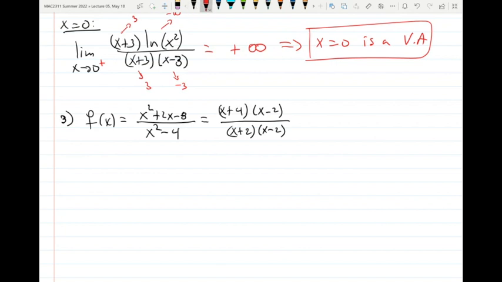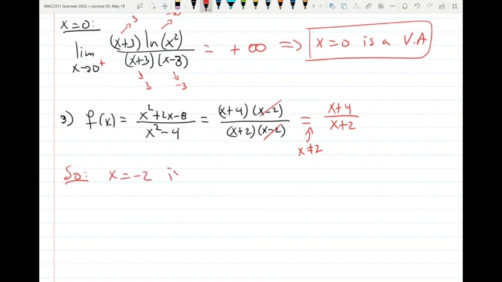So we know we're not going to find a vertical asymptote there. And that's what precalculus told you. If you were looking for a vertical asymptote, then you say, well, as long as x is different than 2, this function is the same as this one. And that's good enough. So it means that really the only remaining guy is x equals negative 2.